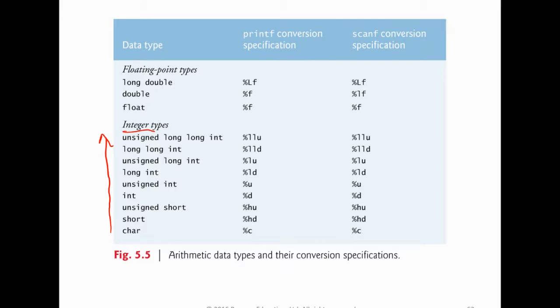You can convert a char into a short if needed, or a short into an unsigned short and an integer. Similarly, you can go the same direction for float as well. As long as you're going in this direction, that is not a problem. The problem is when you have to come back in the other direction. If you try to come down, you are going to lose information, and that will cause problems. So you have to be a little careful about that.